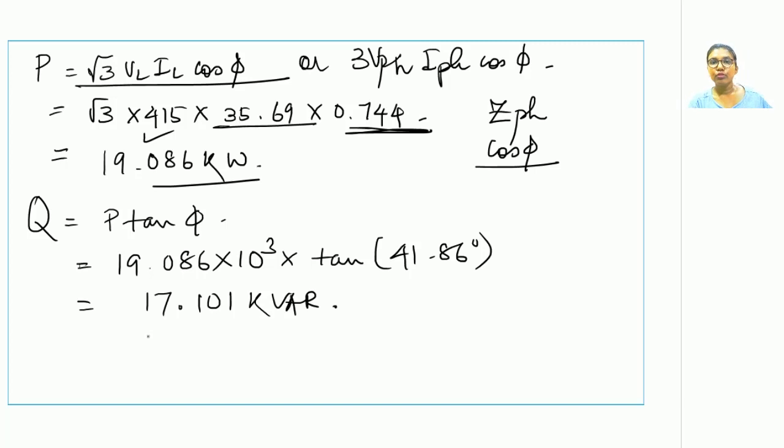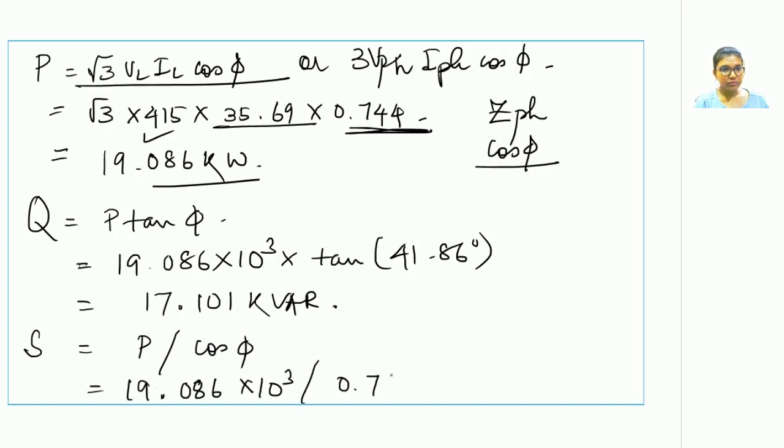Since I'm going to draw a difference between both the star connection as well as the delta connection, let us obtain the value of apparent power as well, which is P upon cos phi. The value of P is known to us and the value of cos phi is also known to us. The value of S will come out to be 25.653 kilovolt amperes.